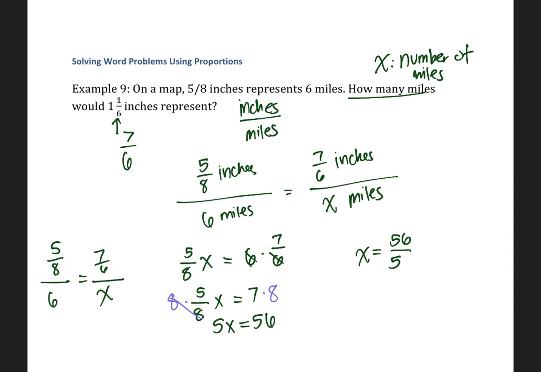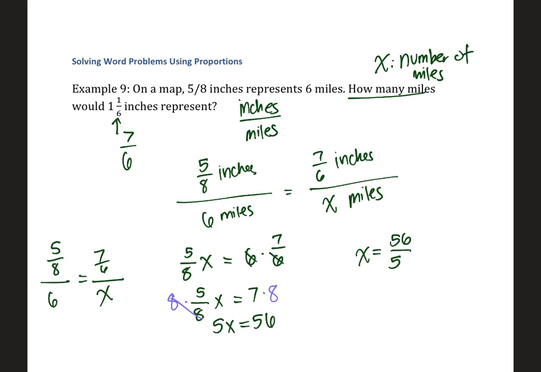If you want, you can, let me put that in actually, sorry. So 56 over 5 miles. Typically when you have word problems, if it's something like that, it tells you more when you give either a decimal or a mixed number, because 56 over 5 miles, I don't really know how far that is.